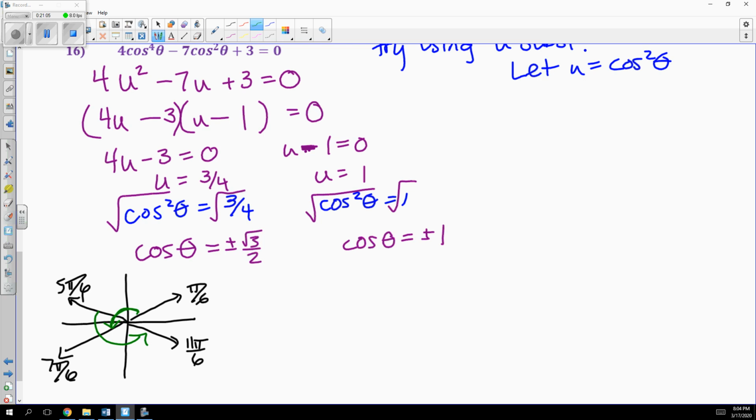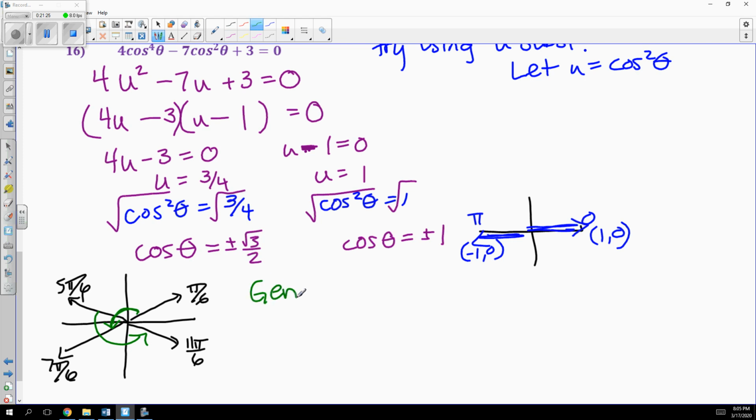For the general, and then same thing, let's look at a similar graph for cosine theta equals plus or minus 1. That's on the positive x-axis, but also on the negative x-axis at pi. Remember that ordered pair is -1, 0, and this ordered pair at 0 is the ordered pair 1, 0. Okay? So here are your general solutions.